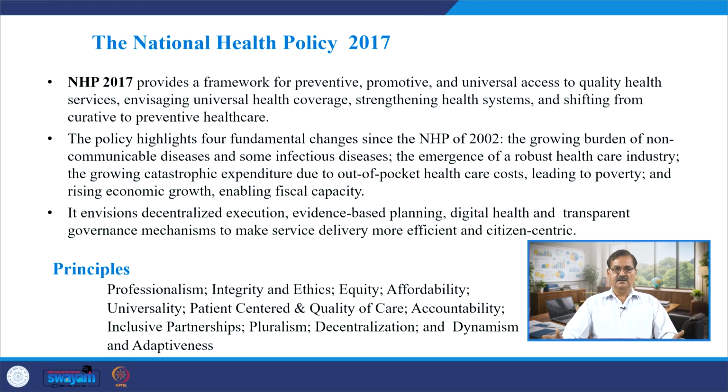There may be allopathic, Ayurvedic, Unani, or homeopathy, or different kinds of healthcare systems should be available. Decentralized means that the healthcare system should be decentralized, with a bottom-to-top approach, and the role of public institutions like panchayati raj institutions or urban local bodies becomes very important here in catering to the healthcare needs of the people.